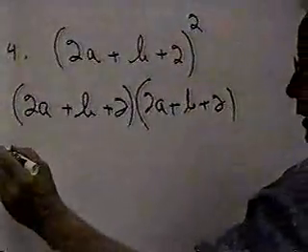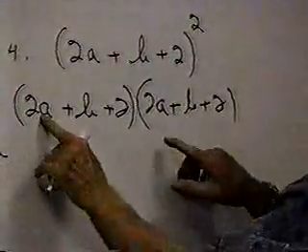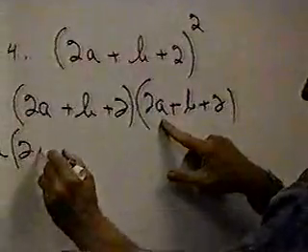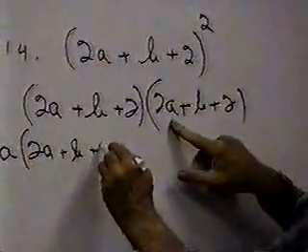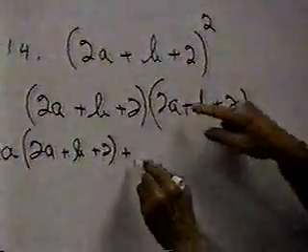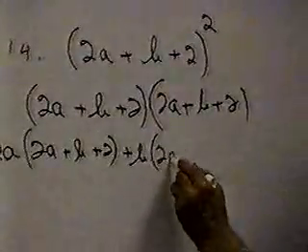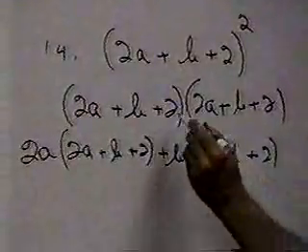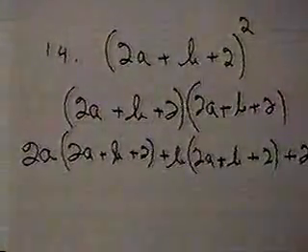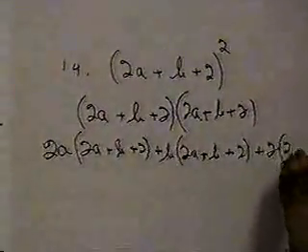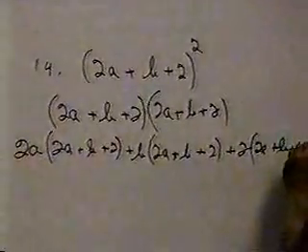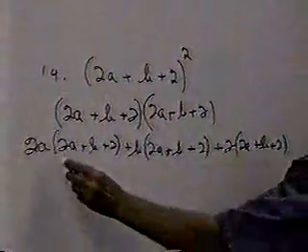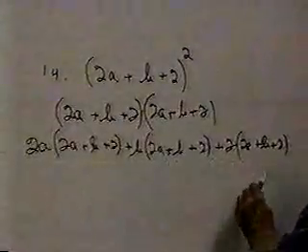All right, so we'll go ahead and write that down. So we're going to have the 2a times 2a plus b plus 2. And then we're going to have the b times 2a plus b plus 2. And then you're going to have the 2 times that. All right, then you're going to multiply this times all that and add all that.